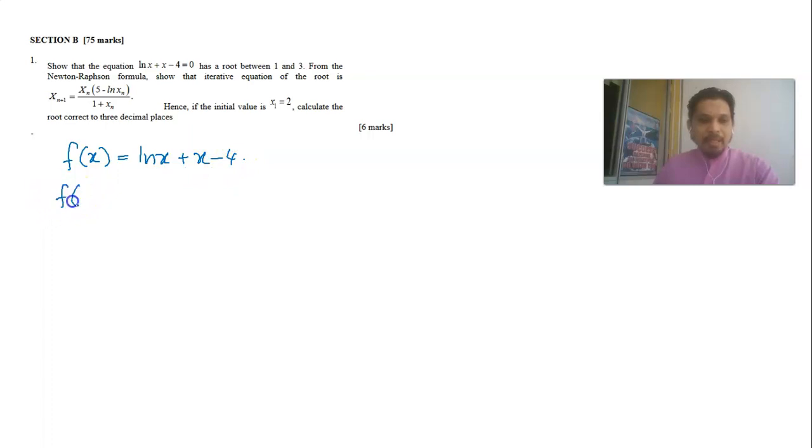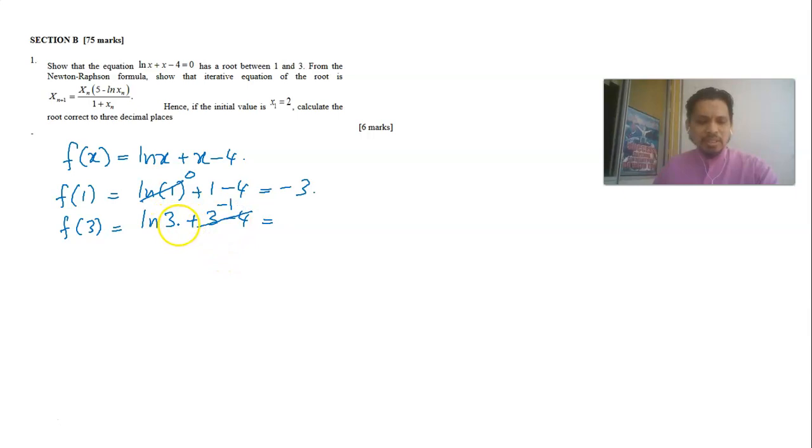okay, f(1) is natural log of 1 plus 1 minus 4. As we know that natural log of 1 equals 0, so 1 minus 4 equals negative 3, and f(3) equals natural log of 3 plus 3 minus 4. Okay, 3 minus 4 equals negative 1, and natural log of 3 minus 1 here gives you 0.0986.